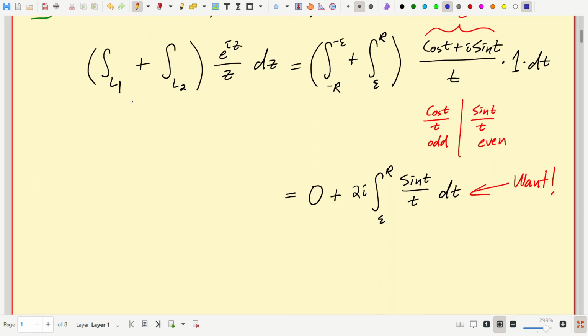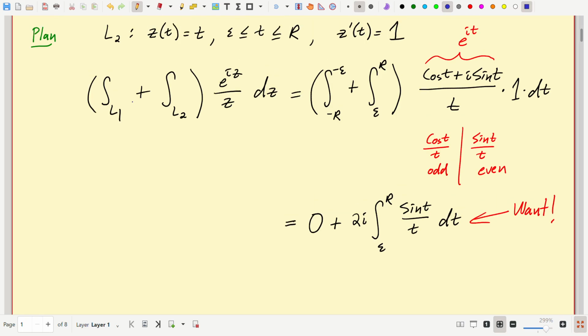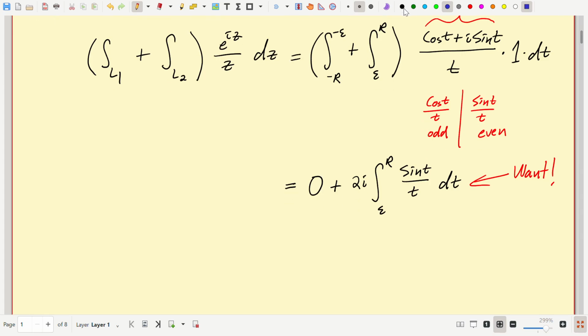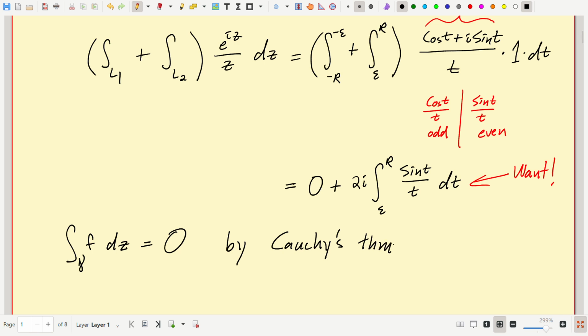Okay, so this is part 1 of the plan, to find out we get something we want along the line there. Part 2 is that the integral around gamma is 0, by Cauchy's theorem. That's an important piece of the business. So I'll call that 2.